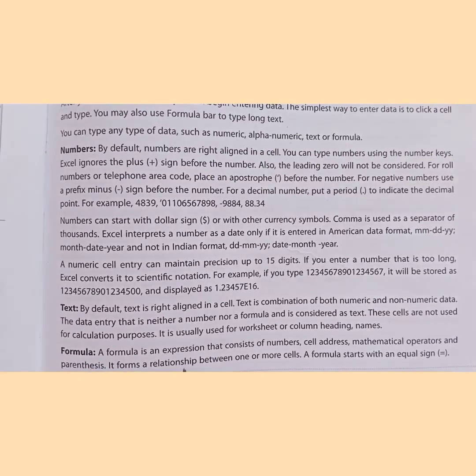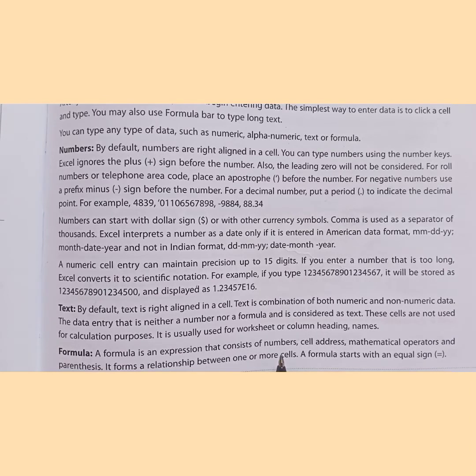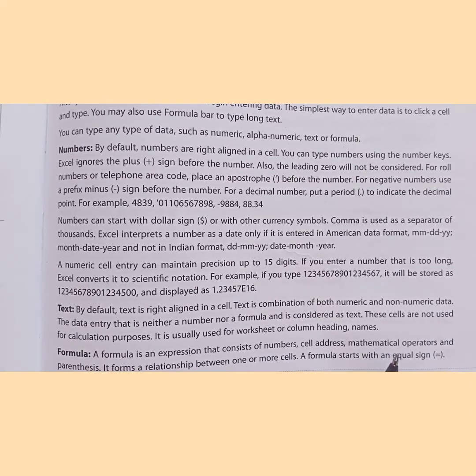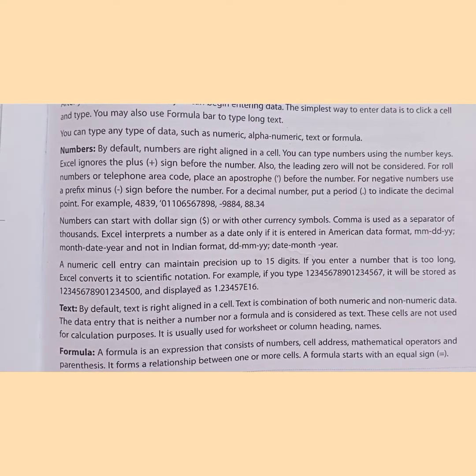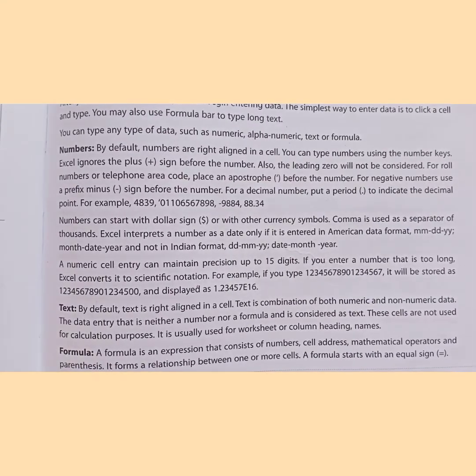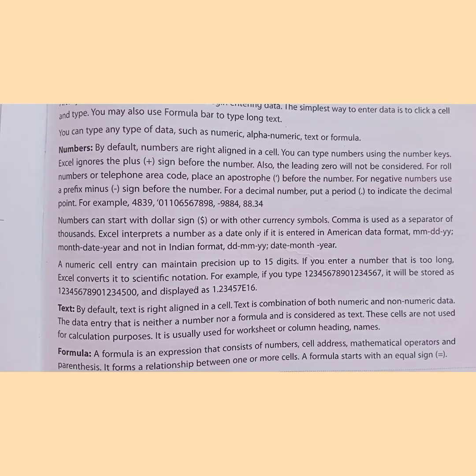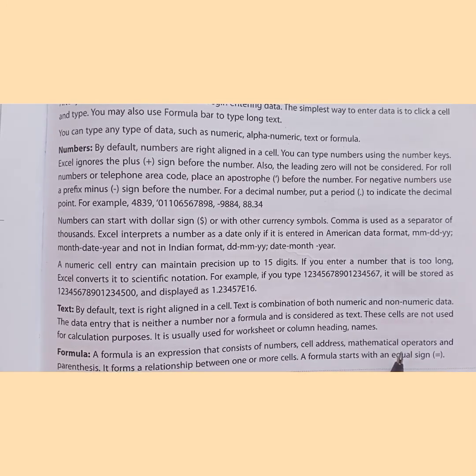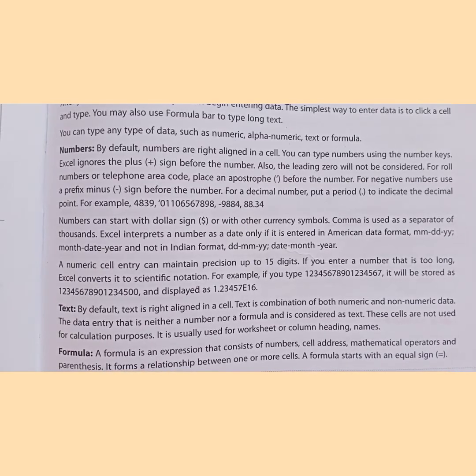Formulas are expressions that consist of numbers. It will have the cell address, it will have the mathematical operator, and it will have the parenthesis. So a formula is made up of numbers, cell addresses, mathematical operators, and parentheses.